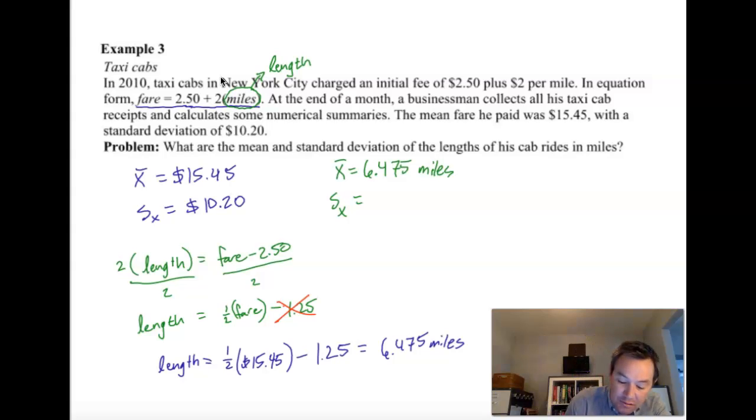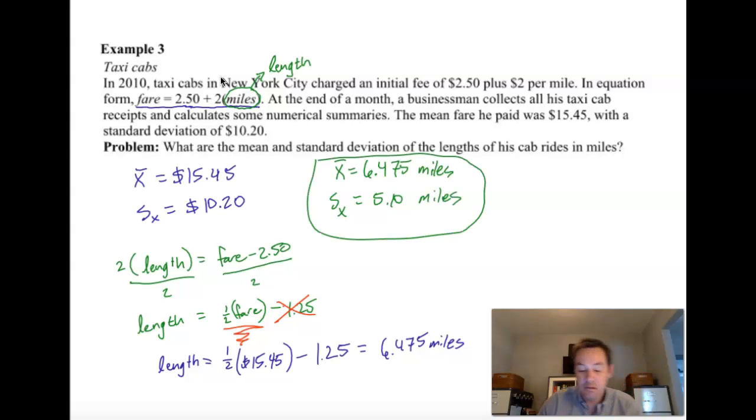So all I need to do to compute my new standard deviation is take my standard deviation for fare and divide it by 2, or multiply by 1/2. Okay. So that's going to give me 10.20 divided by 2 is 5.10. So my new standard deviation is 5.10 miles. That's my answer.